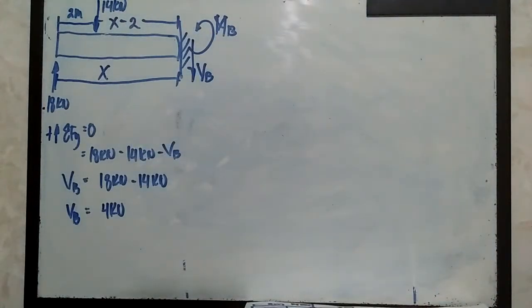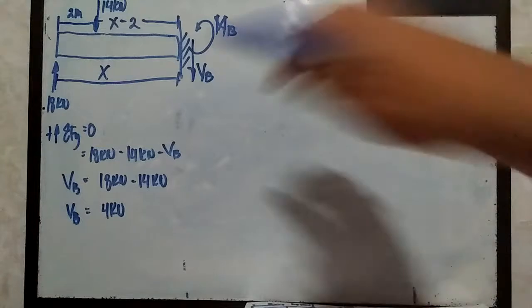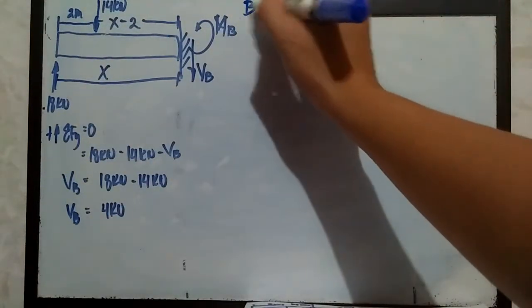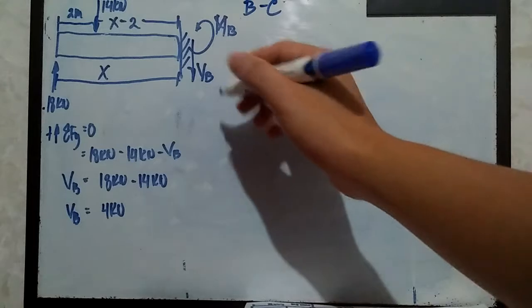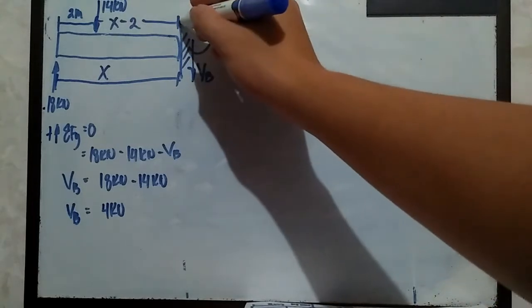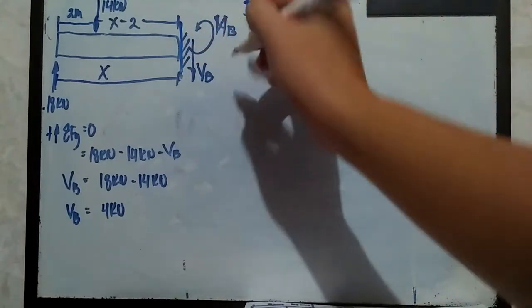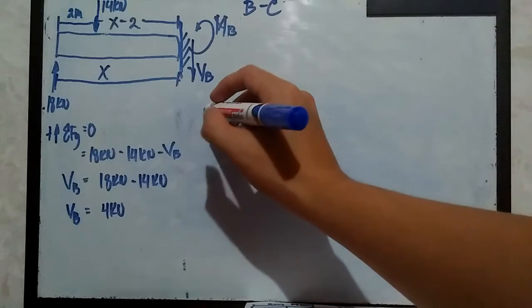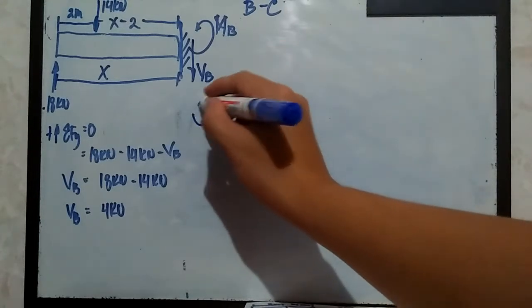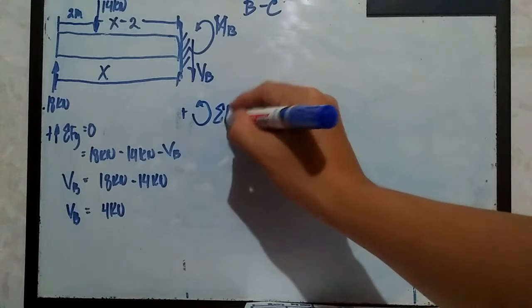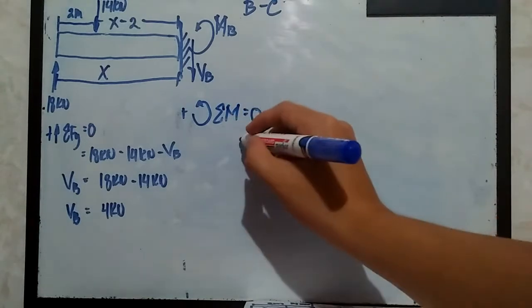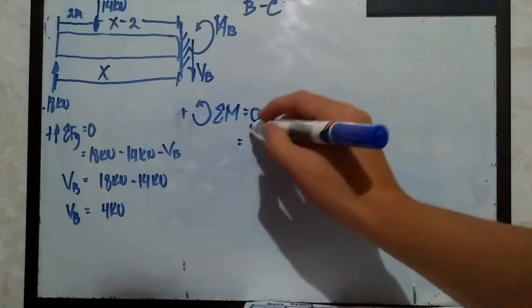The next step for this problem is to solve for the bending moment formula for this section. Don't forget this is section B-C. So by applying again the summation of moments at this section where we cut section B-C, counterclockwise is positive, and the summation of moments is equal to 0. So we have here M sub B, which is positive.